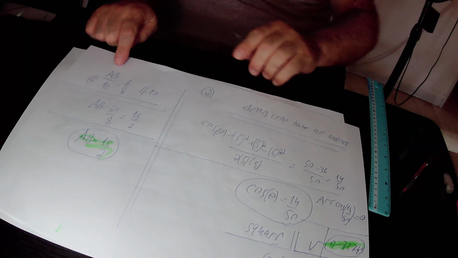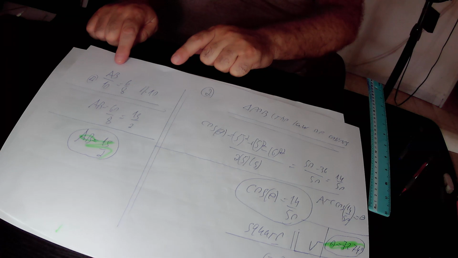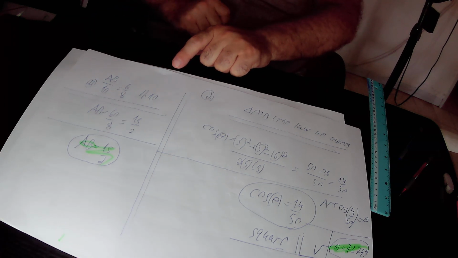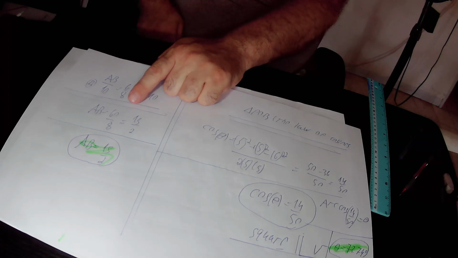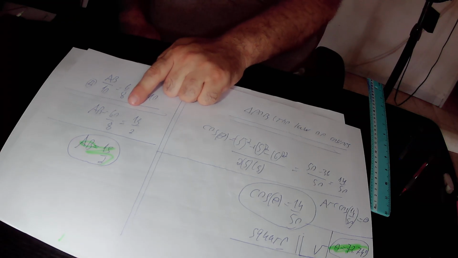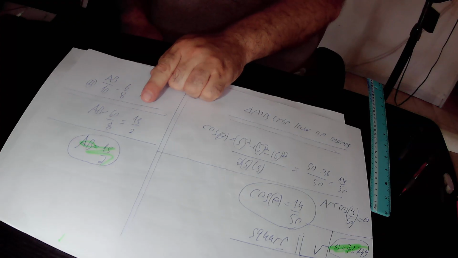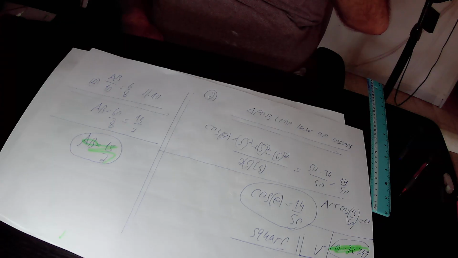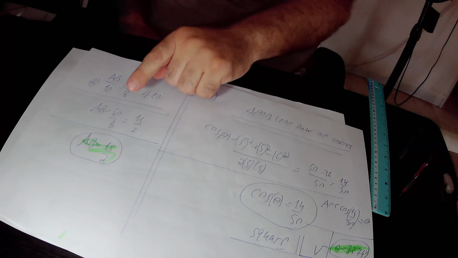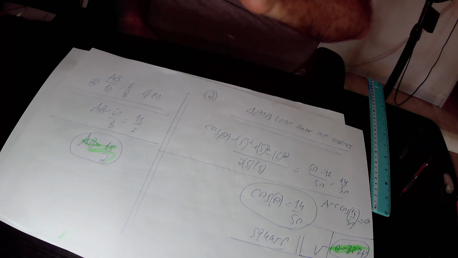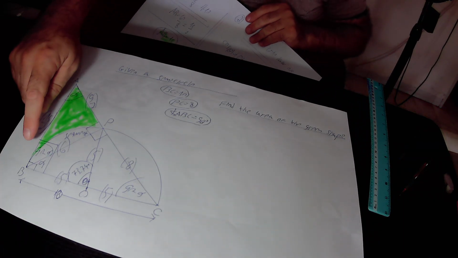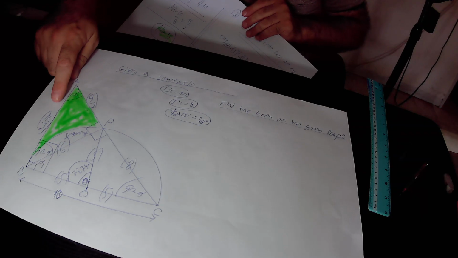Here we multiply equation 2 by 10, and find that AB equals 10 times 6, that is 60 eighths. Here we divide both the numerator and the denominator by 4, and find that 60 over 4 is 15, and 8 over 4 is 2. So in total, the length of the missing side AB is 15 halves.